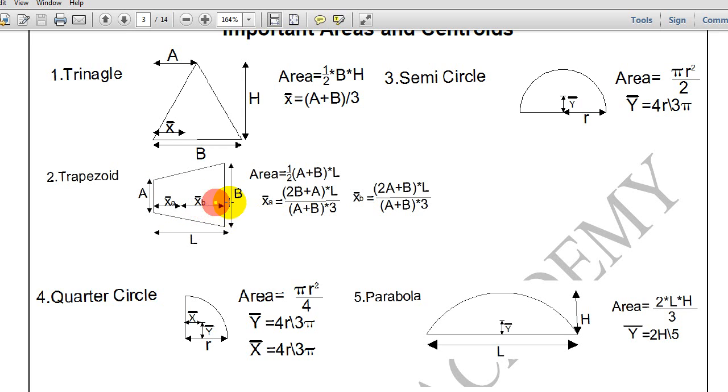Similarly for xb bar, meaning you are finding the distance from the B height, then it will be 2 times A plus B into L divided by (A plus B) by 3.